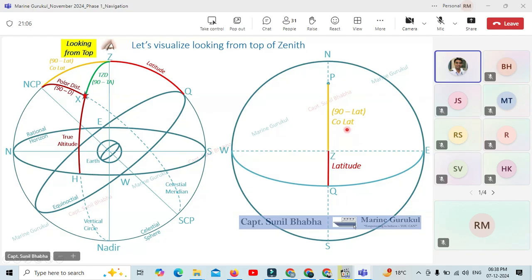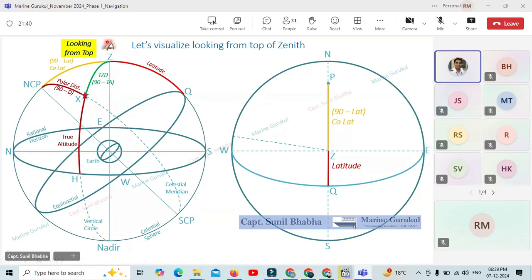Now let's take our attention to the celestial sphere diagram. From the Z point, if you draw a vertical circle passing through the body, that is star X. So from the zenith, if you draw a vertical circle passing through the body, going up to the rational horizon at point H and going down to the nadir, this is the vertical circle passing through the body.